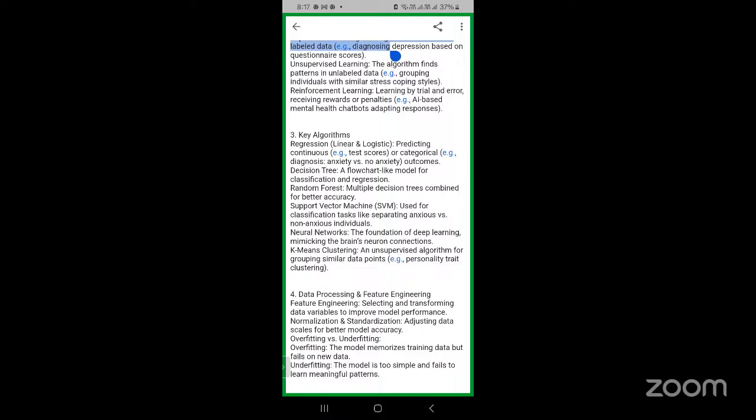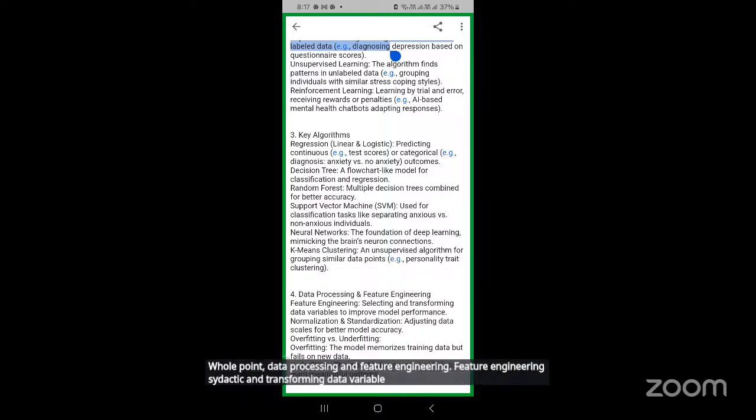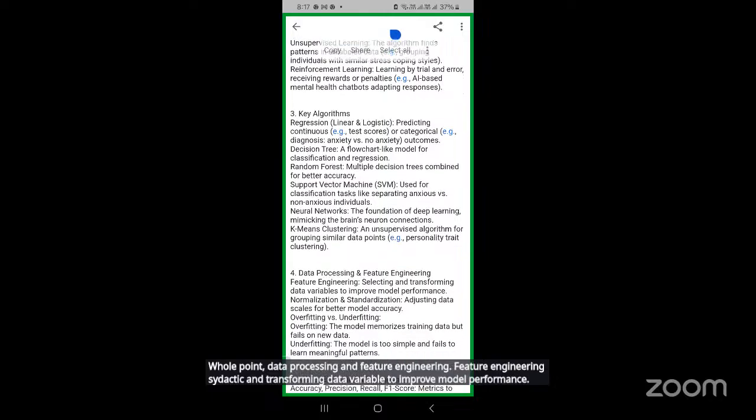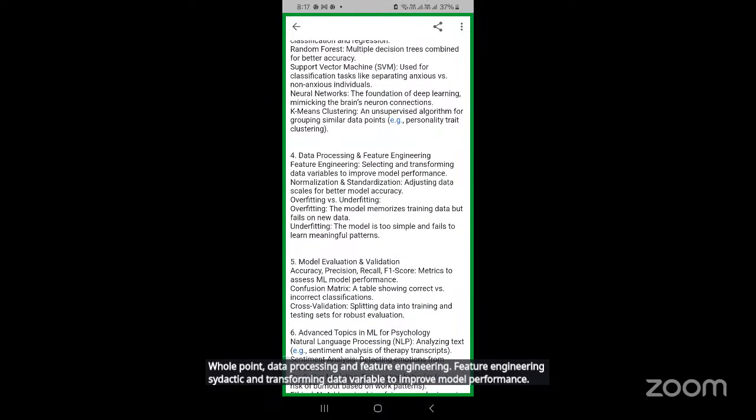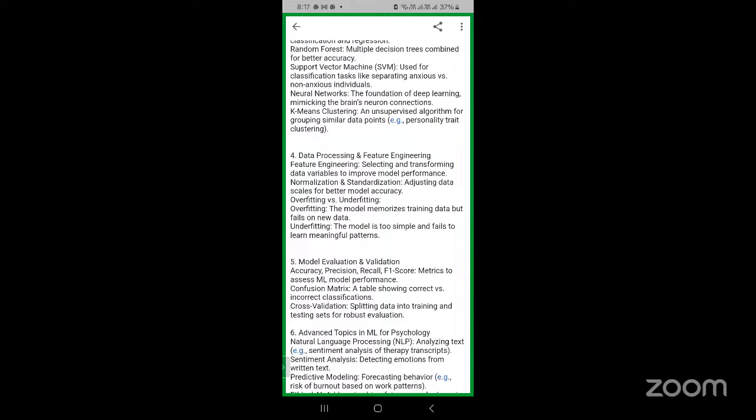Fourth point, data processing and feature engineering. Feature engineering, selecting and transforming data variables to improve model performance. You must have adequate knowledge about the variables or the features.